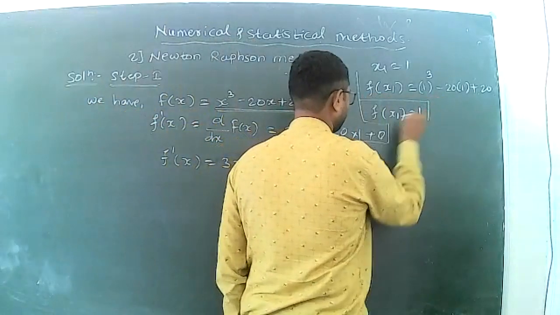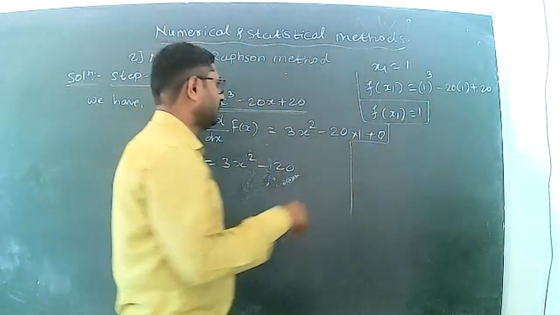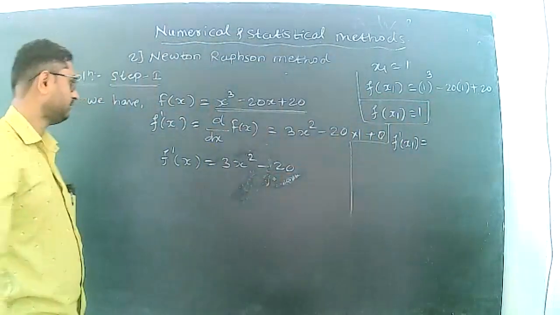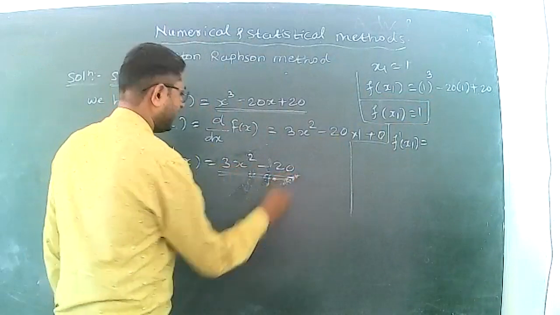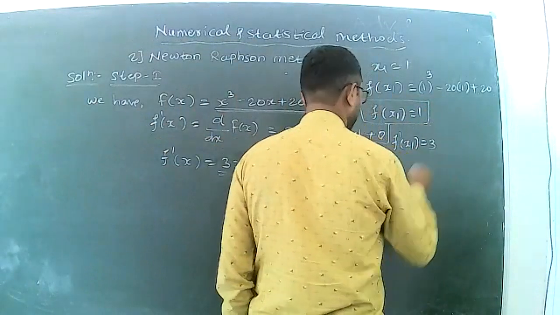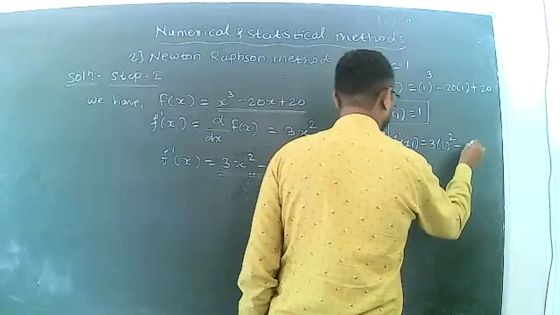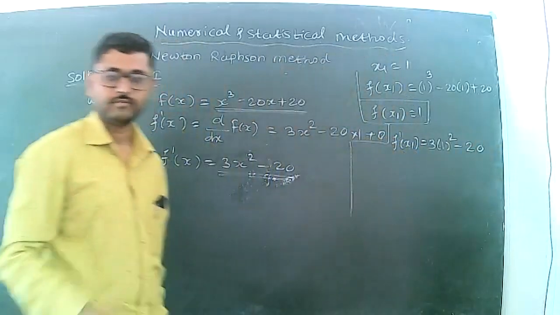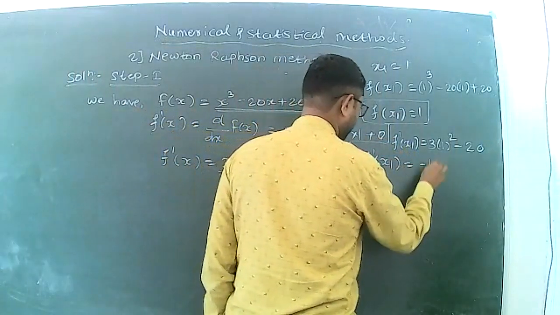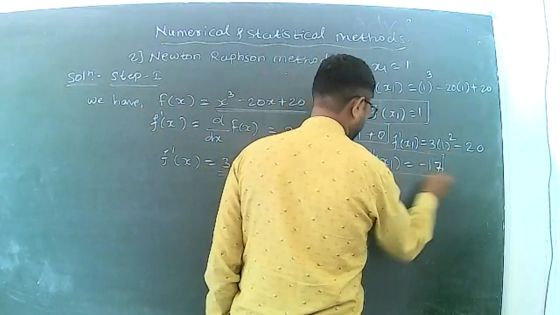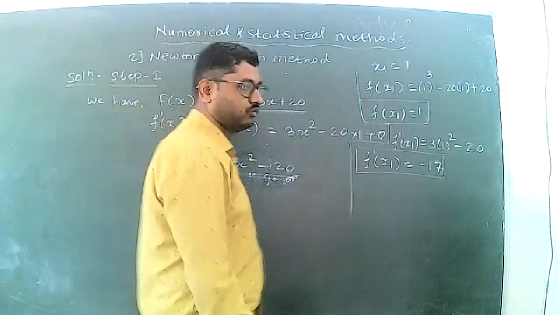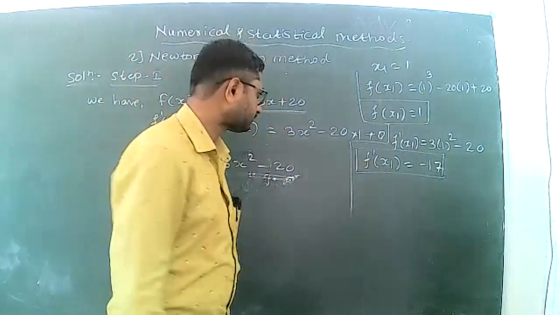Then to find f dash of x1, we put x as 1 into this equation: 3 into 1 square minus 20, so f dash of x1 is equal to minus 17.